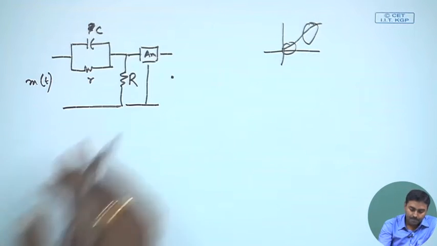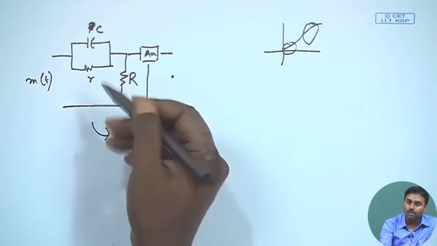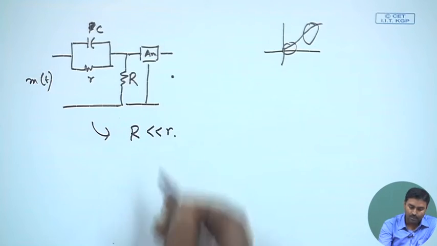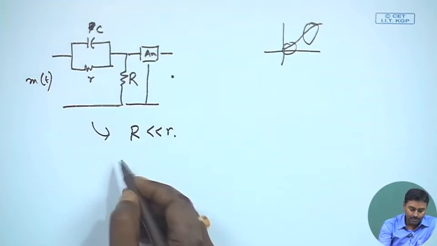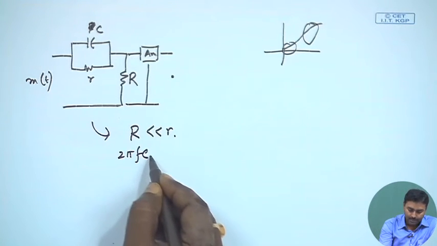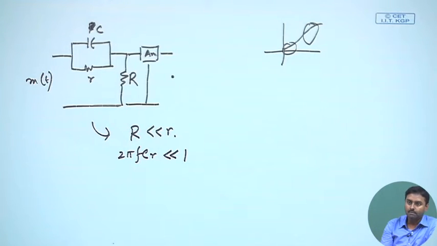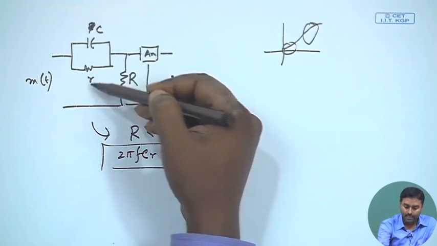What is the corresponding transfer function? We have to also consider that this R is much greater than this small r. Also the cutoff frequency, 2 pi f c R, must be much less than 1.